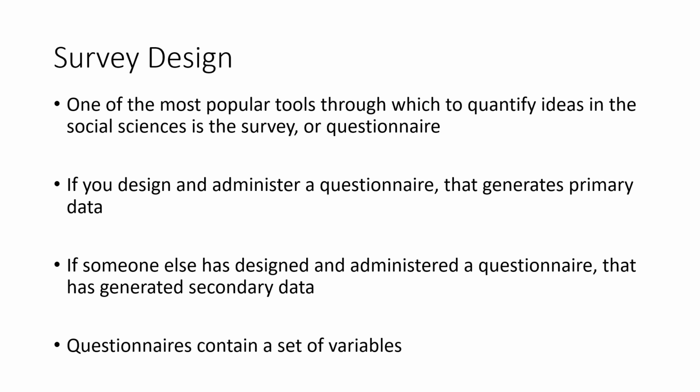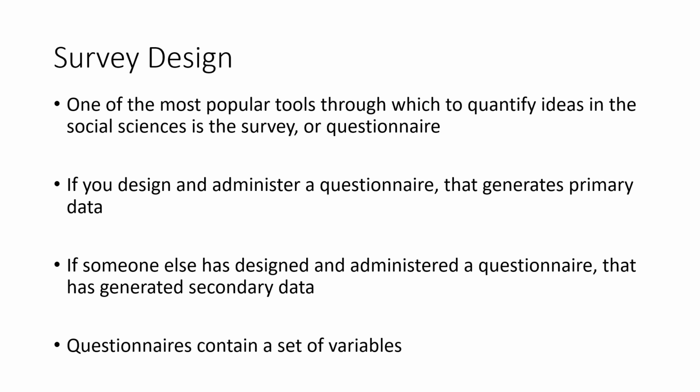And oftentimes when social scientists collect their own primary data, they are required, if they receive funding from the state, for example, to make those data available to other researchers. So when someone else has collected data through their own primary means, sometimes you can access those data sets, and those data sets are called secondary data.